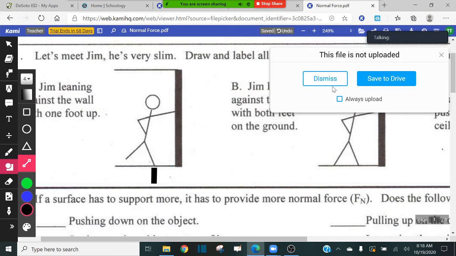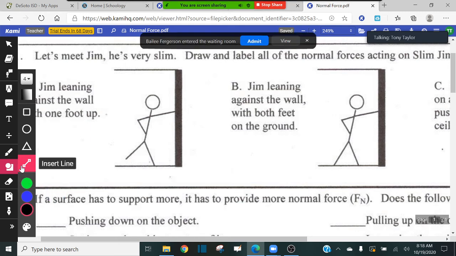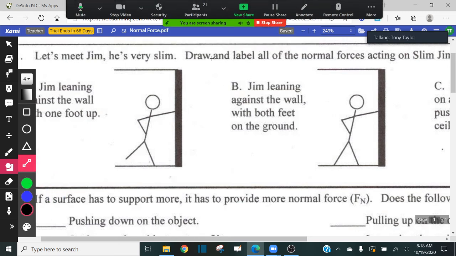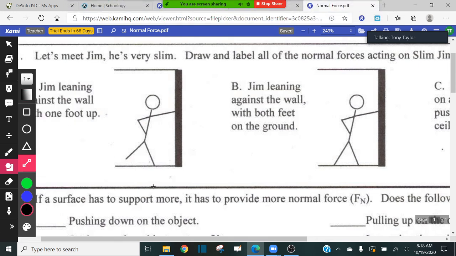And it must be pushing upward because, again, we're concerned with the forces acting on Jim, not the forces acting on the floor. So here's a normal force acting on Jim, and it's pointing straight up. And then there's also a normal force acting on Jim, pointed in this direction right here, because the wall is pushing on Jim.